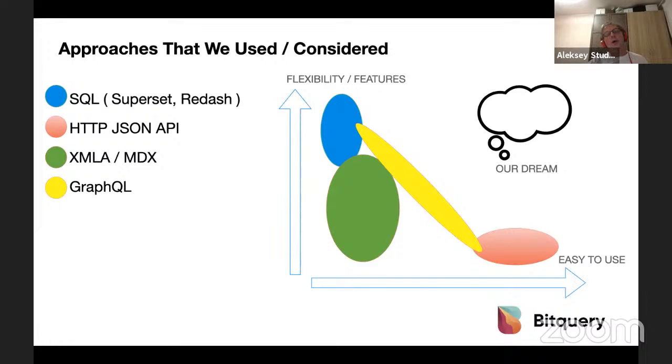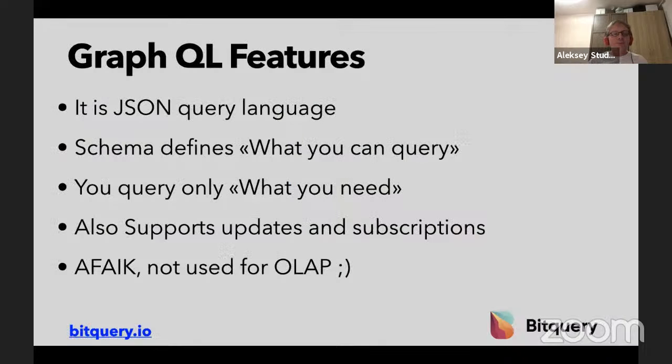We don't know where to place it in the diagram because we actually don't know examples of good usage of GraphQL over analytics. But it has some important features, on the next slide, that tentatively give us some hints that it may be good.